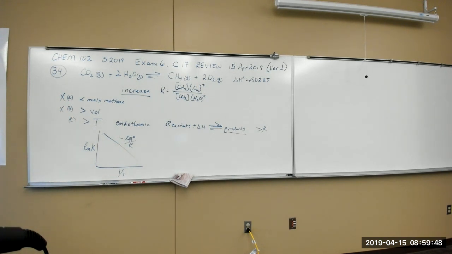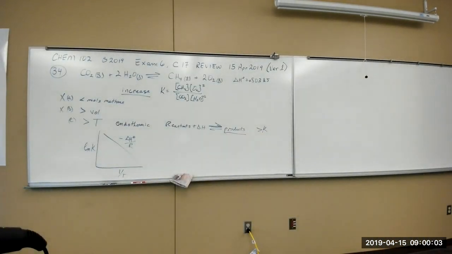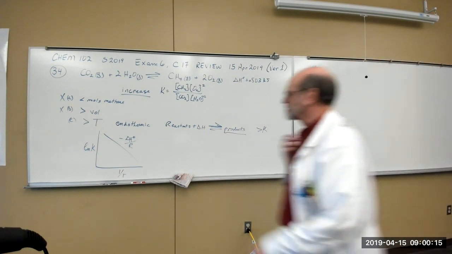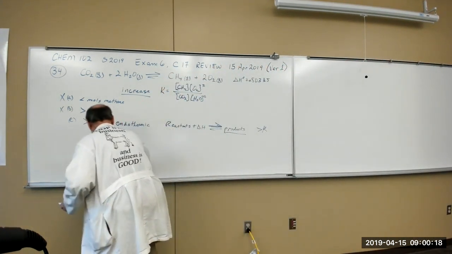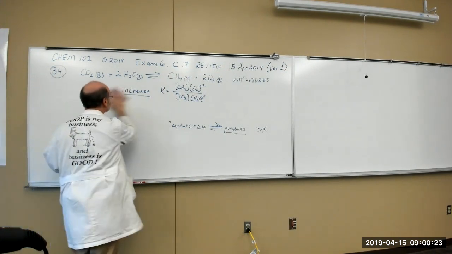Let's see. While we're on that topic, let's see. Oh, they're over here. Version 2, number 53. Version 2, 53. Uses that graph to answer the question.